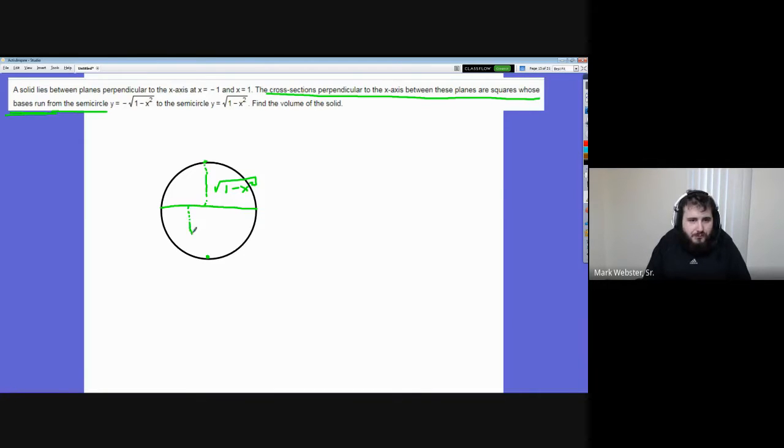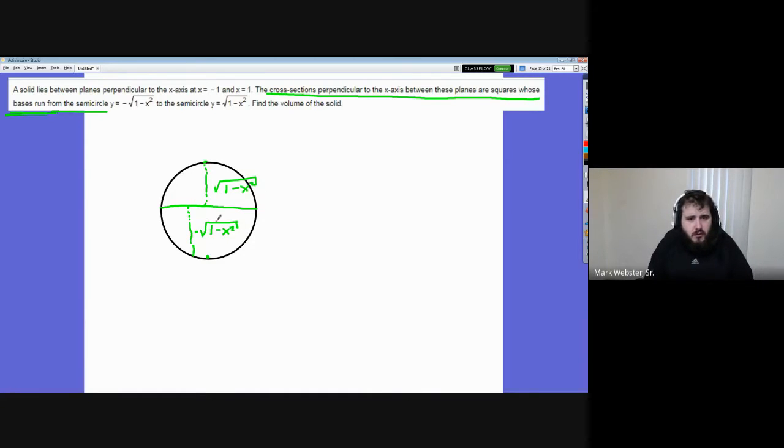Going down, I go from 0 to negative radical 1 minus x squared. So the distance from bottom to top is 2 of these, right? Because they're the same. It's the same circle.